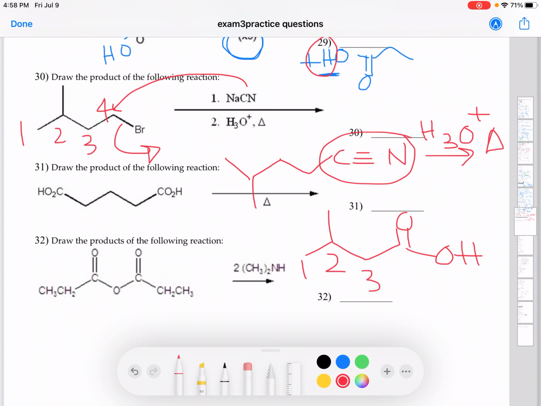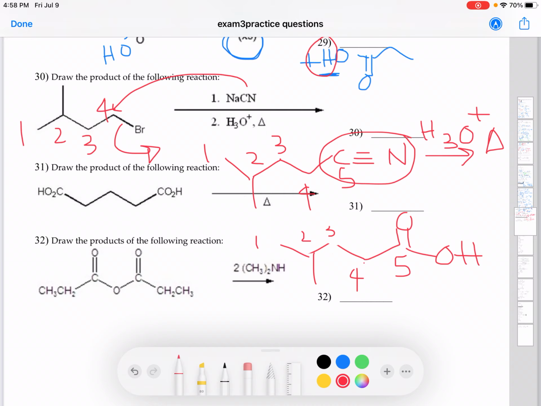I need to add one more carbon. 1, 2, 3, 4. So for the fourth carbon you added the cyano group. So this cyano group, now this becomes the fifth carbon, becoming the carboxylic acid.